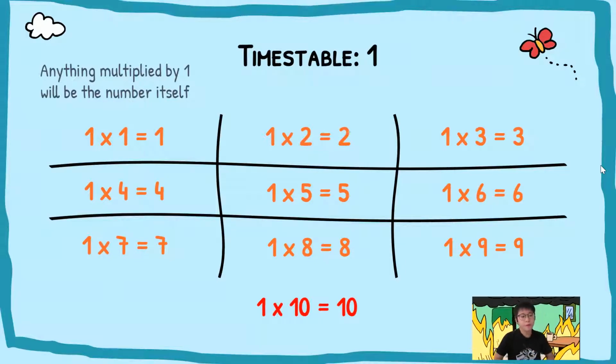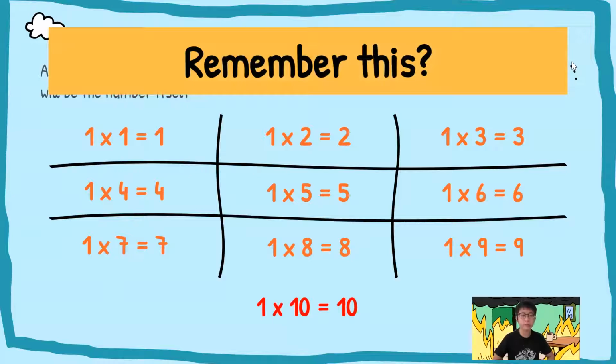So finally, we have arrived at the times table for 10. But the screen says 1. Why? This is because I want you to remember the very first times table that you learned in this lesson, which is the times table for number 1. Anything multiplied by 1 will be the number itself.